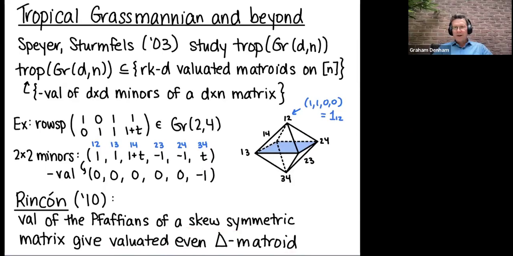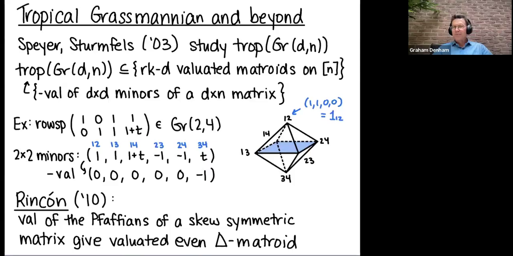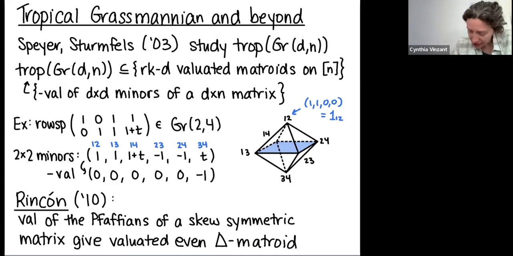So just to clarify, that valuation you drew cut the matroid polytope into 2 levels. Is that right? Yeah, that's right.